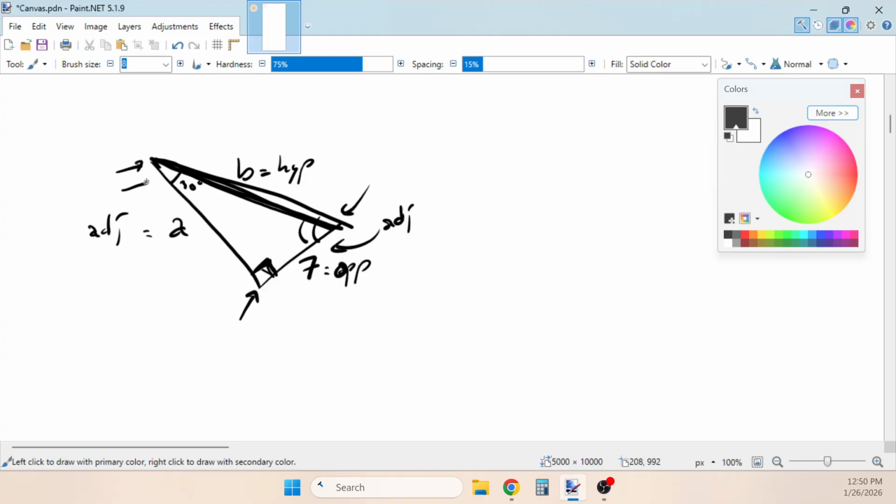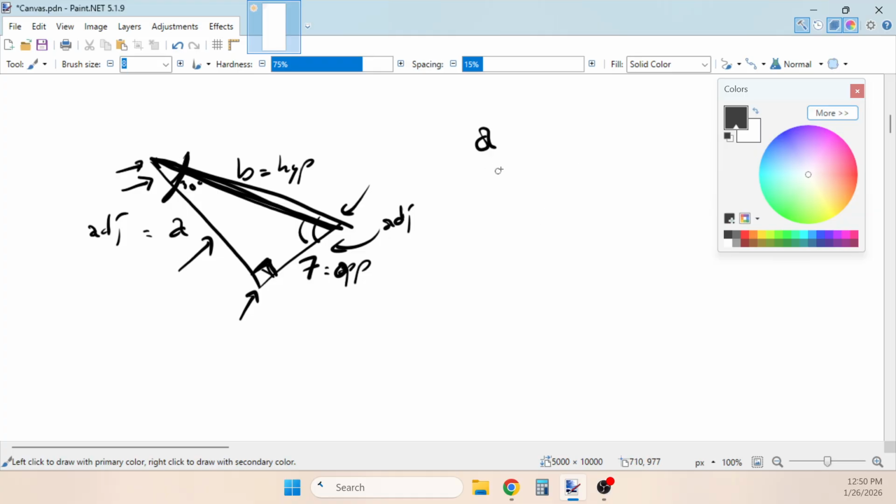And for this angle, this side is the adjacent side. Adjacent just means the side that touches it. Adjacent means close to or touching. Opposite means across from.